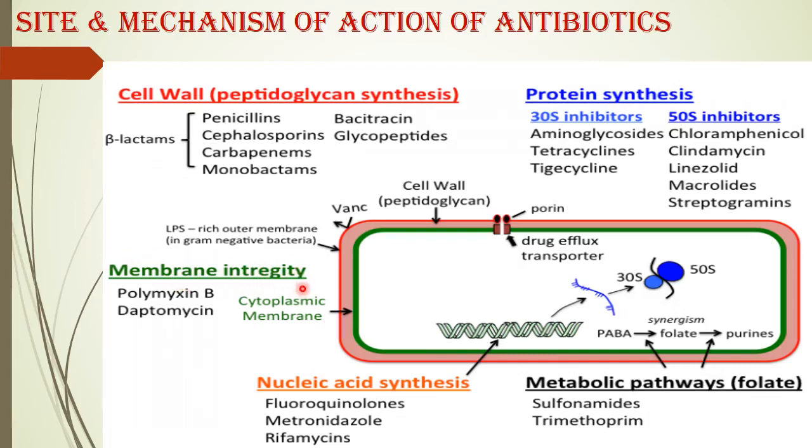I'll tell you what that is. It can inhibit the nucleic acid synthesis. Also it can inhibit the folate synthesis. So whatever antibiotics we have, they act by means of these 5 mechanisms.